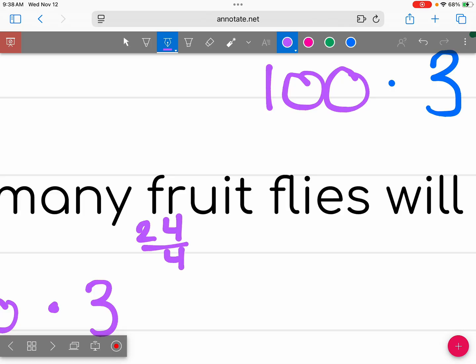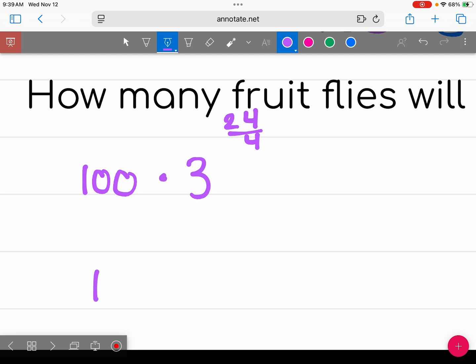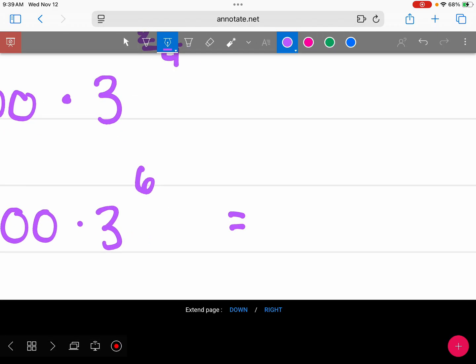What is 24 over 4? 6. So this is the same thing as 100 times 3 to the 6, because I can simplify that down. That's something we can type in the calculator. What is 100 times 3 to the 6th? 72,900.